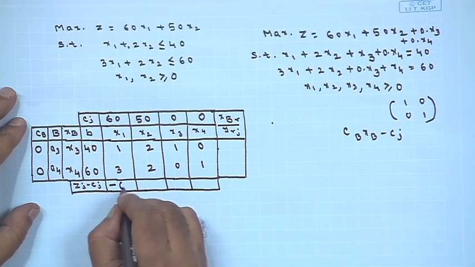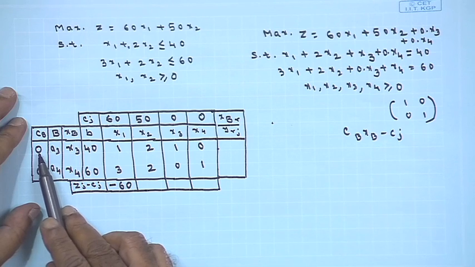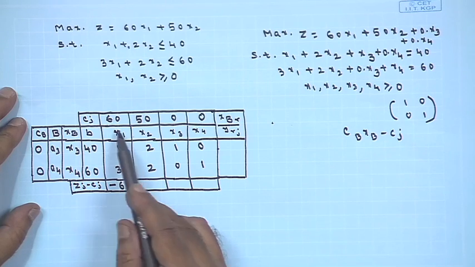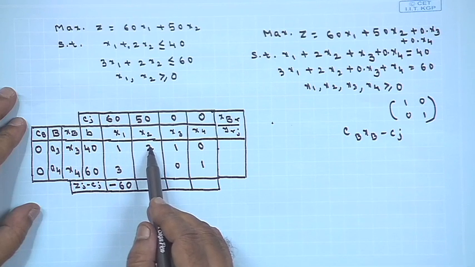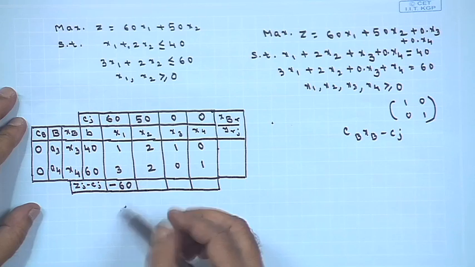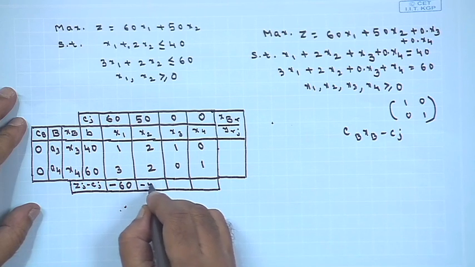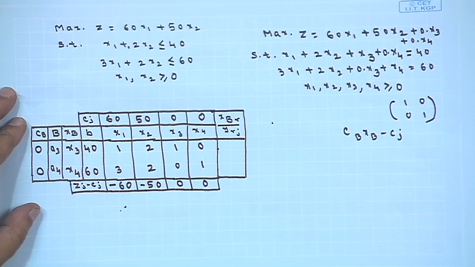So it will be minus 60 since we have 0 basically. So it is Cb into the xb value minus cj. For the second variable x2 it will be 0 into 2 plus 0 into 2 minus 50, so the value will become minus 50. The next one is 0, and the next one will also be 0.